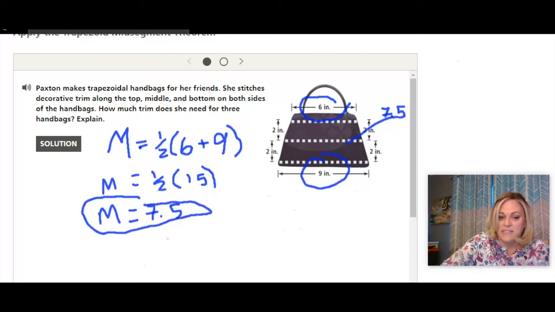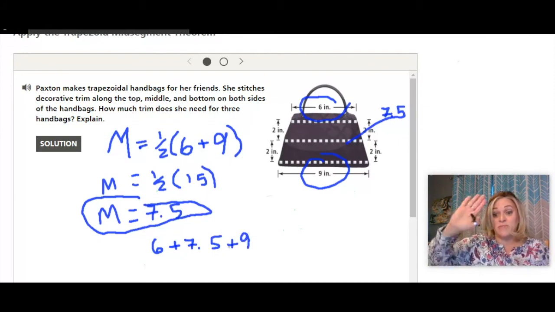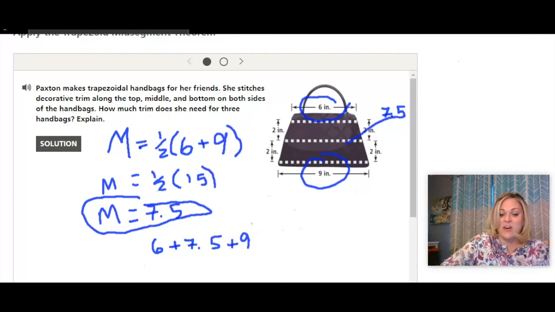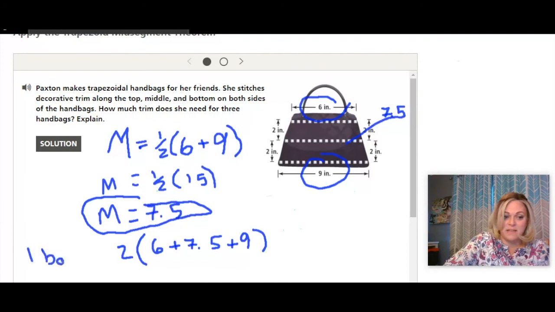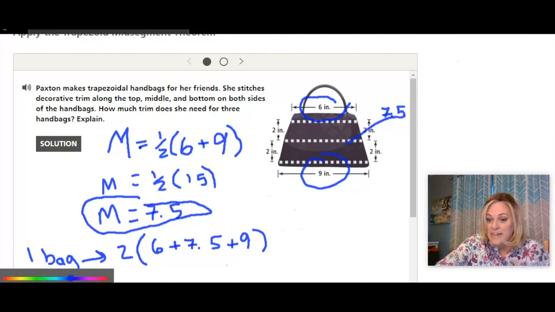Then I have the 6-inch plus the 7.5 plus the 9, which would equal the front of 1 bag. And I have to take all of that times 2 because there's the front and the back. This amount would give 1 bag, adding each of the lengths of the decorative ribbon. Once you get that answer, multiply by 3. See if you can get it.